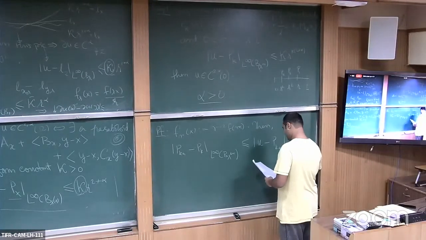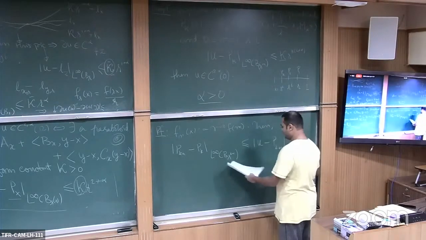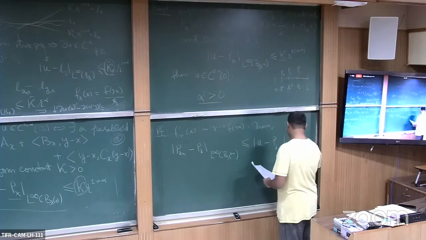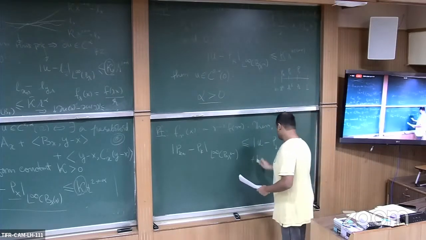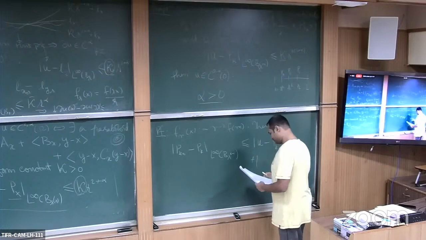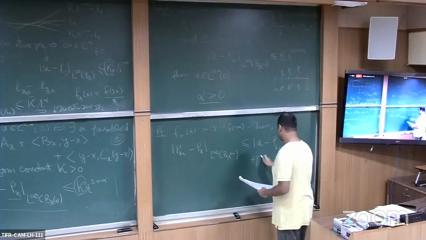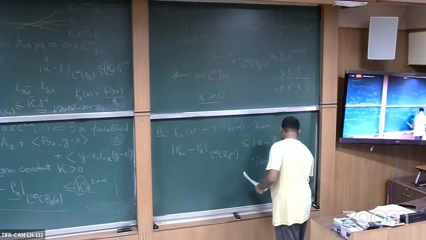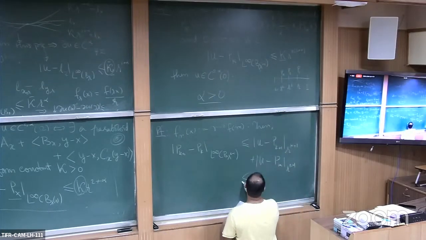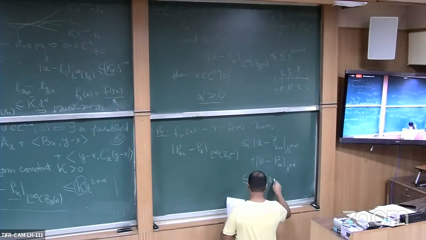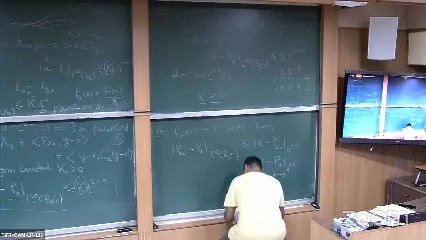So instead of writing L infinity, I'm just going to write the radii. Okay, you understand what I mean, right? L infinity of r^{k+1} plus one. Now there is something like 2^k r.